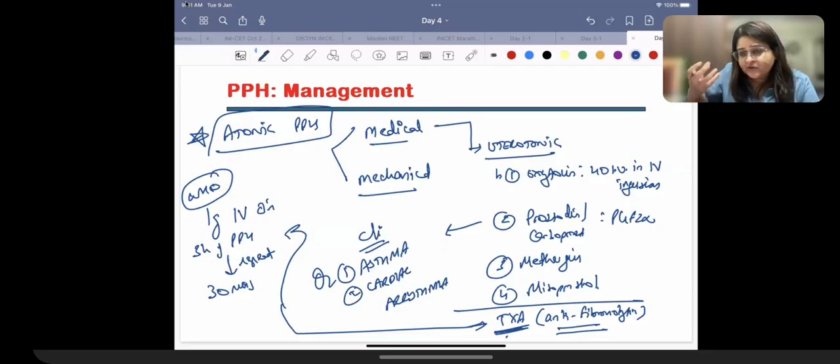It's not a uterotonic, it's not going to contract the uterus, but it helps in coagulation of blood and stoppage of bleeding. It can be given in any type of PPH. So this is important.